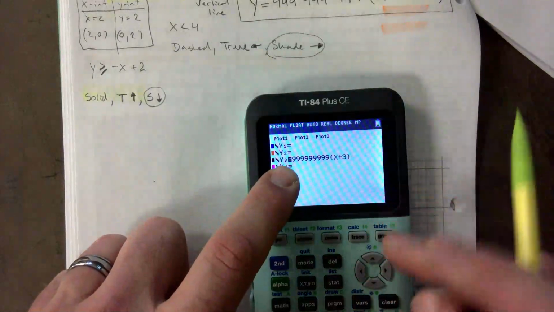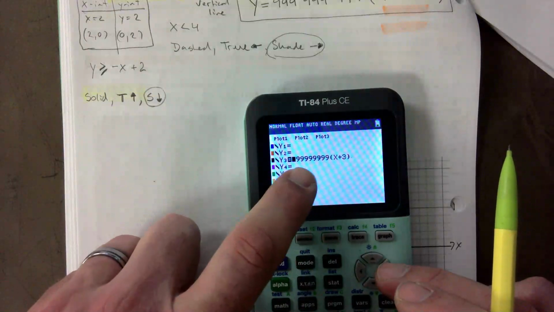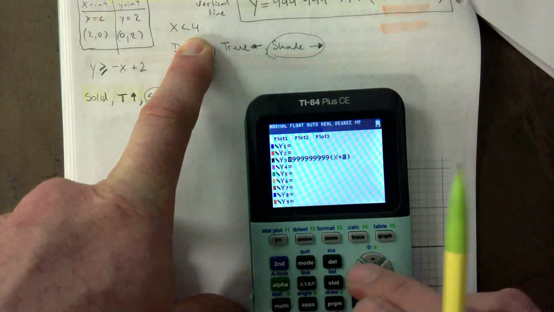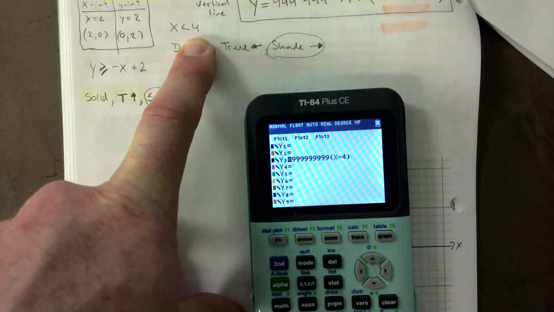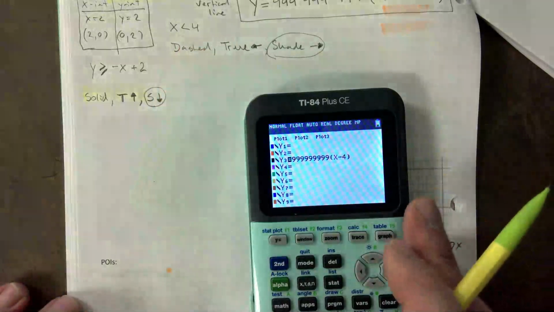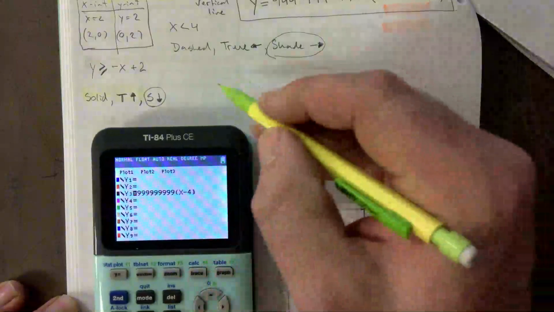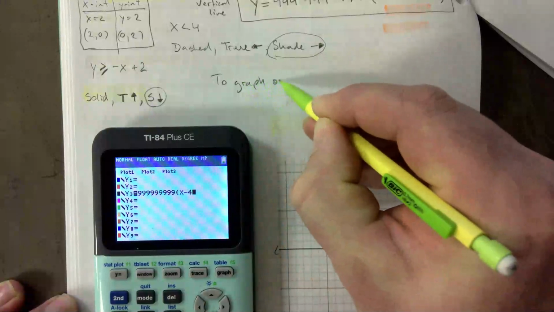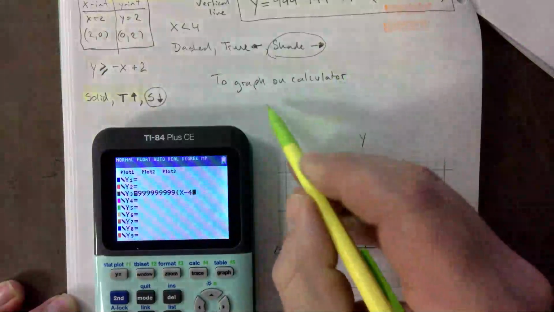I already have the y equals negative x plus 2, and then I want to graph x is equal to 4, correct? So I have to go x minus 4. If it's a positive 4 that you're graphing, you've got to go minus 4. Maybe I should tell you that here, to graph on the calculator, because I know you're going to forget.